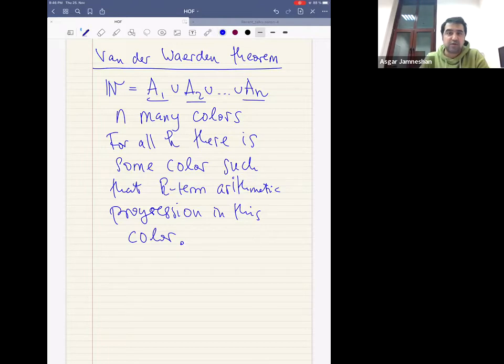So that means that just by splitting the natural numbers into different sets, or coloring them, or doing some operations, you cannot avoid destroying the additive structure of the natural numbers. The proof of this result is not so easy. There are several proofs of this.